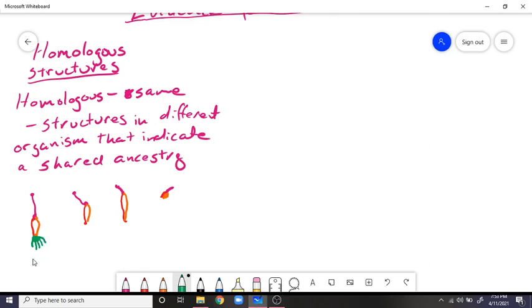So you might be able to tell from our first picture, this is the arm of a human. In our second picture, this is the foot of a dog. In our third picture, this is going to be the foot of a bird.